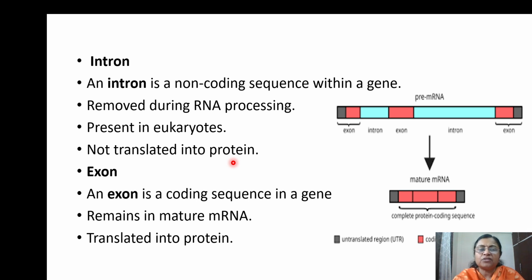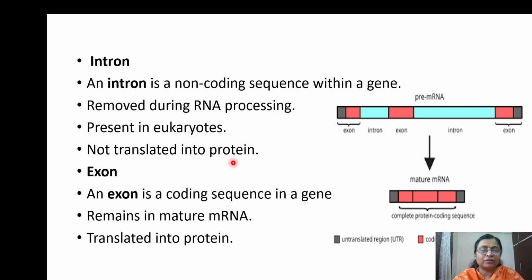The template strand carries the information which is transcribed into mRNA. And on this mRNA, certain introns and exons are present. As the introns are non-coding sequences, they get removed during RNA processing. The introns are present in eukaryotes, and they are not translated into proteins.